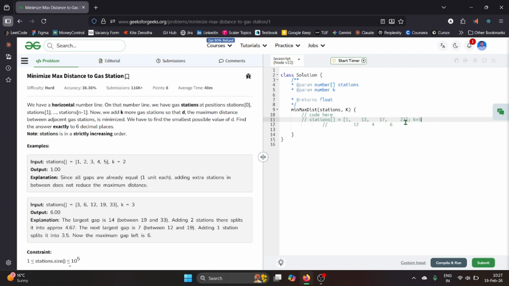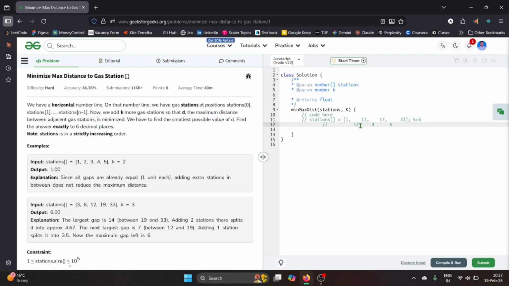So let's take the first gas station. Where can we put the first gas station in these places? The main motive is to minimize the distance between two gas stations. Here the maximum distance is 12. To minimize the distance, we have to put the new gas station where the distance is maximum.